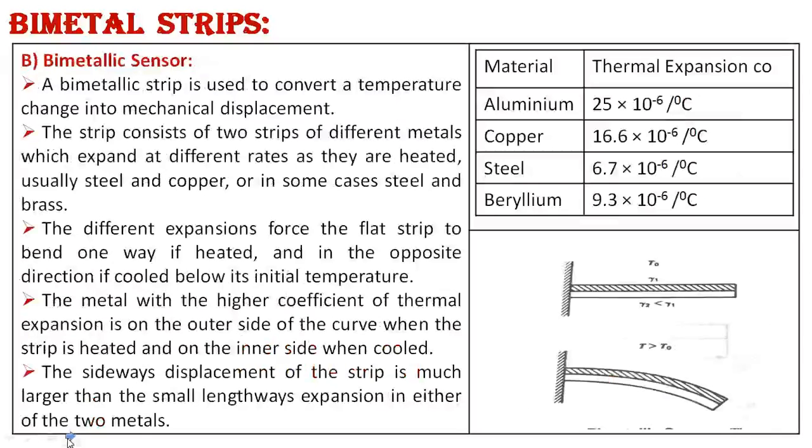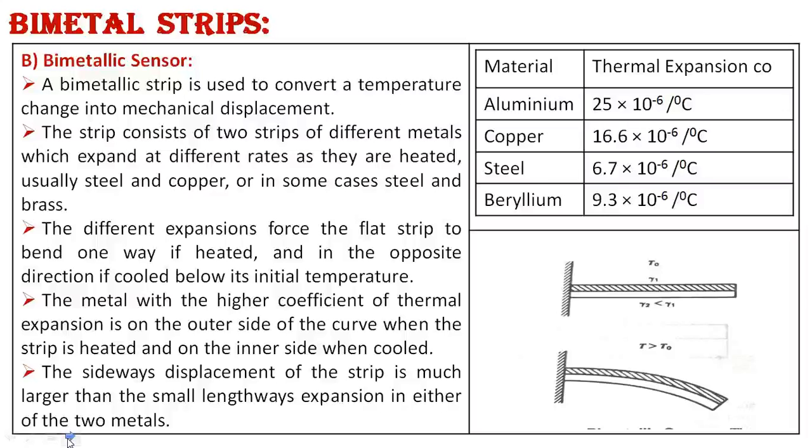Now, how do bimetallic sensors work, what type of materials do we have to use, and what are their thermal expansion coefficients? Materials include aluminium, copper and steel. A bimetallic strip is used to convert temperature change into a mechanical displacement. The strip consists of two different metals which expand at different rates when they are heated, usually steel and copper, in some cases steel and brass.